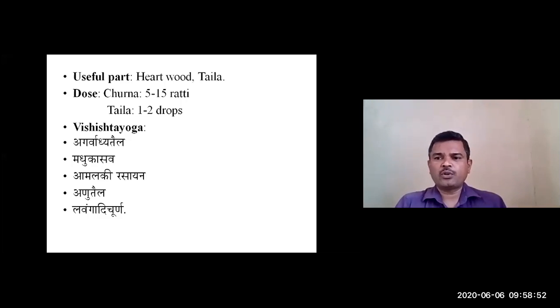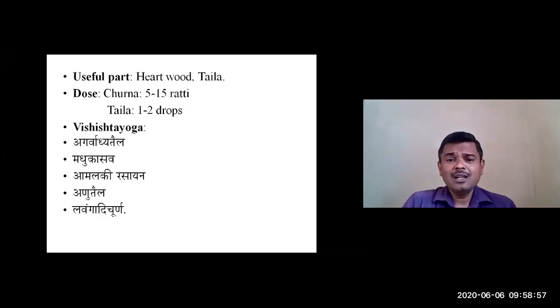Such questions they may ask in the viva. The matra of churna is around 5 to 15 rati, and taila is 1 to 2 drops. The taila has more tikshna guna, so you can use it in very minimum quantity.